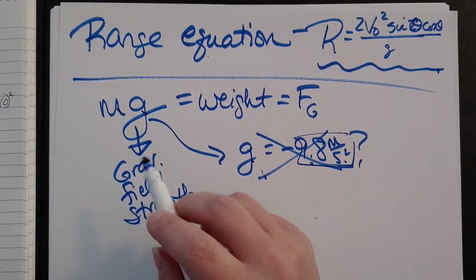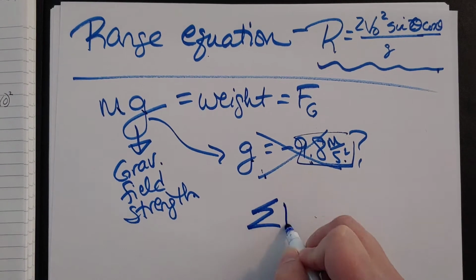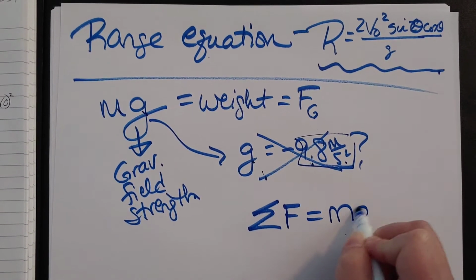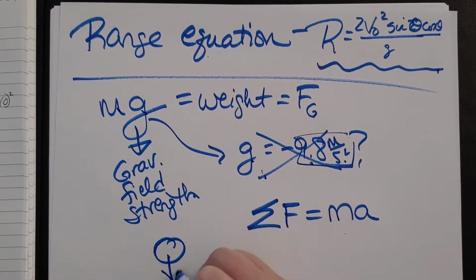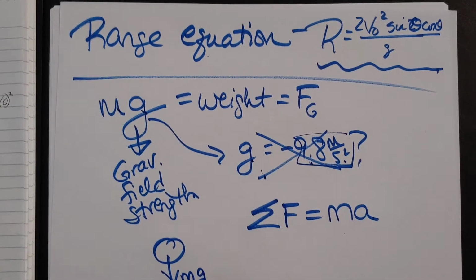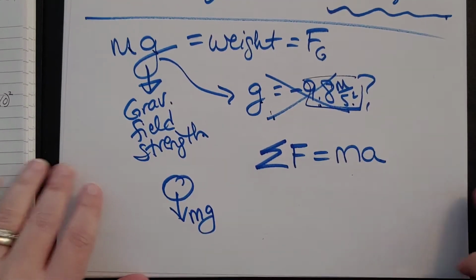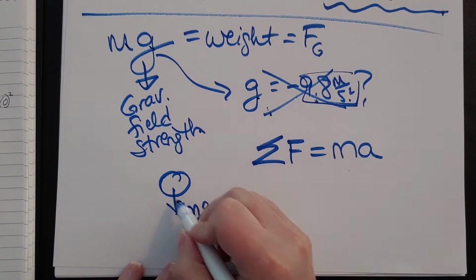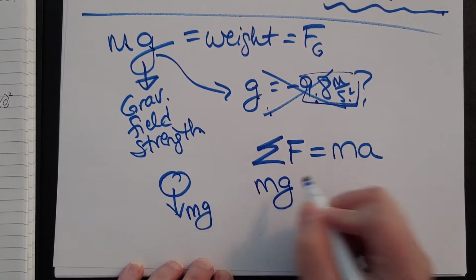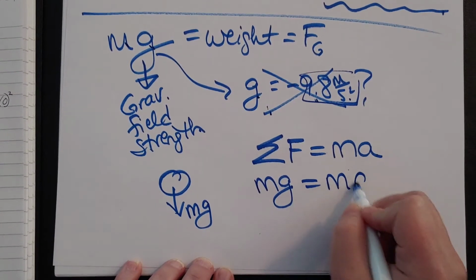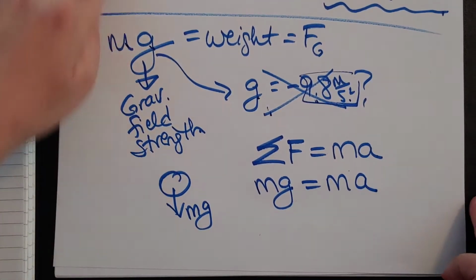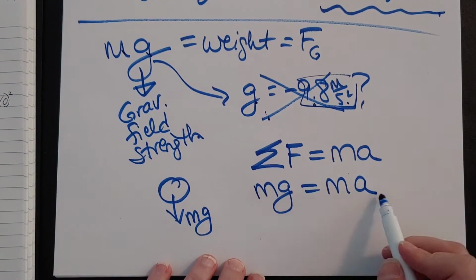But that is only because in Newton's second law, the net force on something in free fall is just mg. Oopsies. Okay, so the net force on this is mg, and Newton's second law says that the net force is equal to ma. These are very different things that are happening on each side.